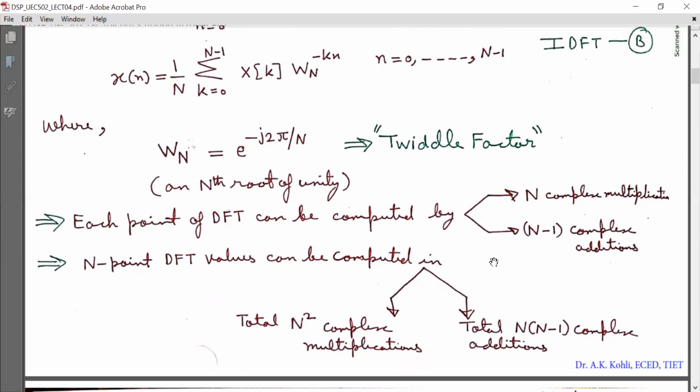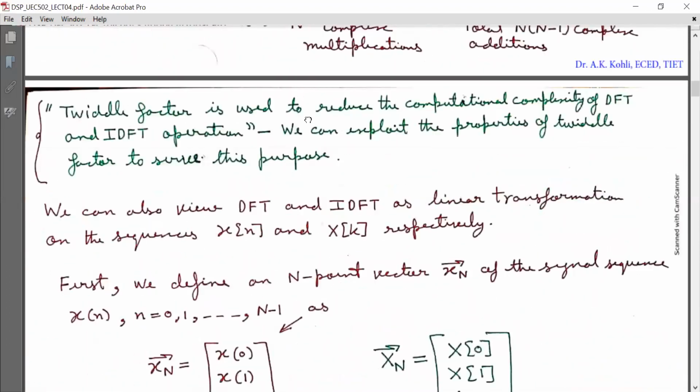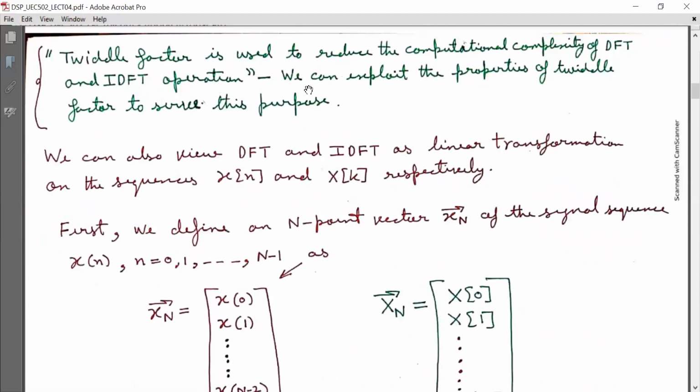So this forms the computational complexity of N point DFT. The twiddle factor is used to reduce the computational complexity of DFT and IDFT operation. We can exploit the properties of the twiddle factor to serve this purpose. When we do the fast Fourier transform in next lectures, we will discuss the utility of the twiddle factor there.